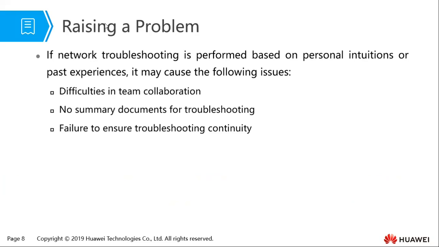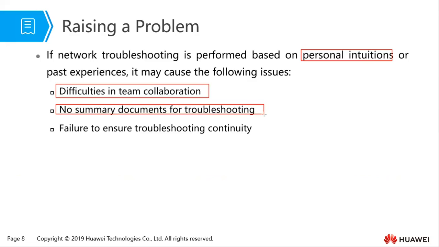Okay, so generally, if you don't follow a structured network troubleshooting, then you might have certain problems such as difficulties in team collaboration because no one knows what you did to solve the problem. Most likely you've not documented it because you're just doing it from personal intuitions and your past experiences on how such problems are solved.